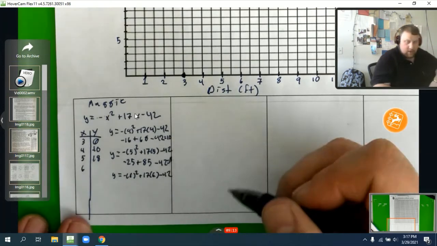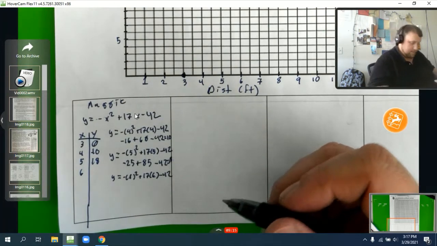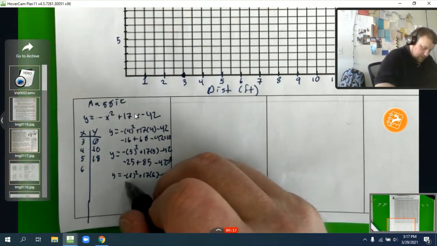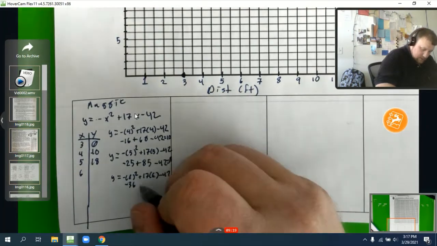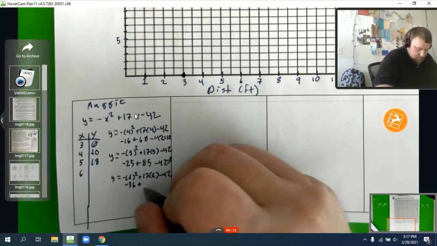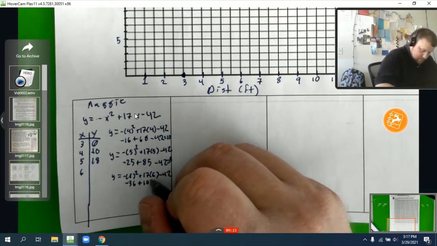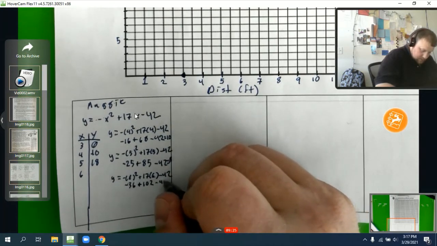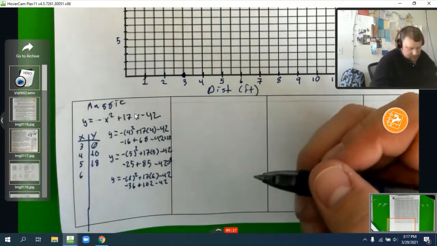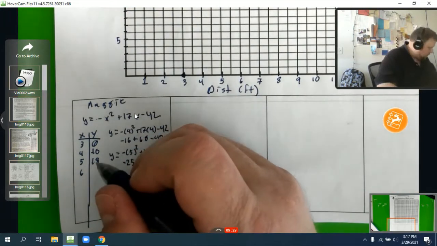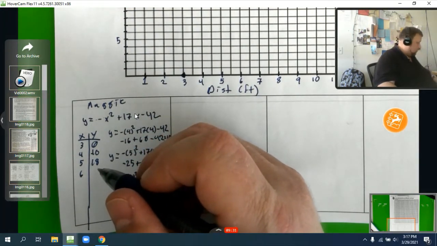And if you want to use a calculator, don't bother me. But we're going to get that. So we're going to have negative 36 plus, let's see, 60 and 42 is 102 minus 42. So that's going to be 60 minus 36, or 24, I think is what we're looking at here.